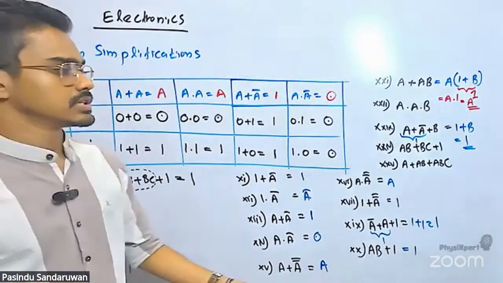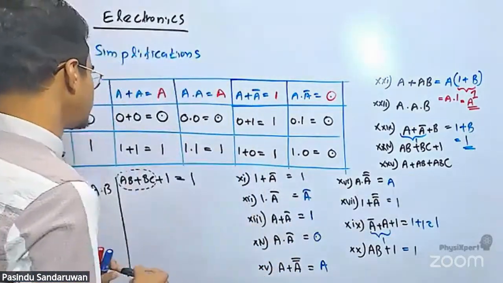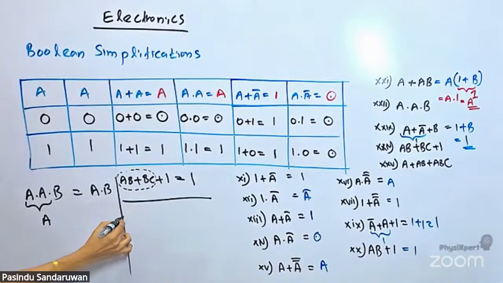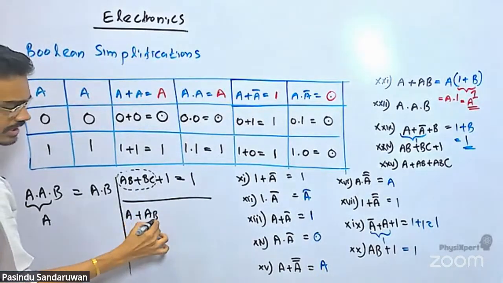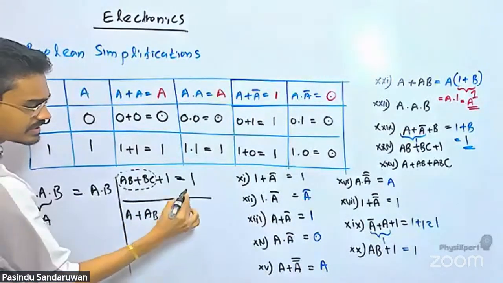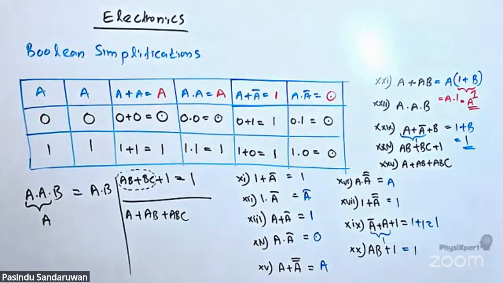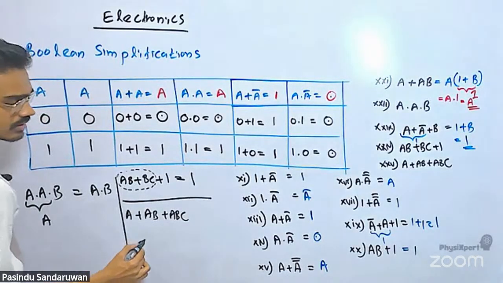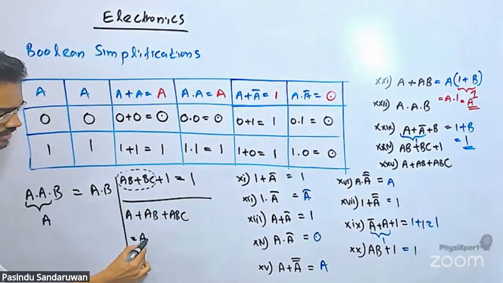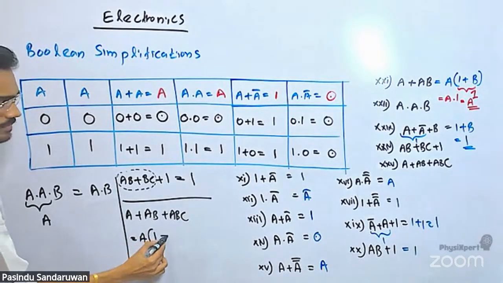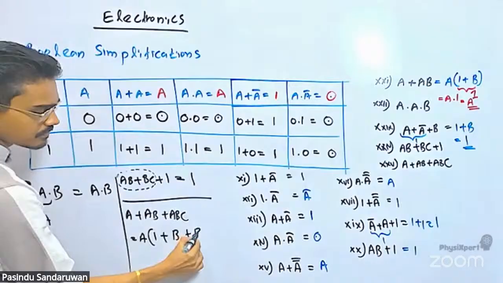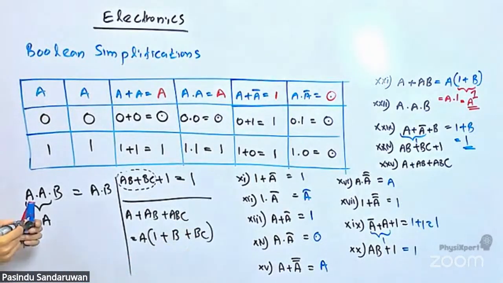Then this one, A plus AB plus ABC. Now for this, A is common, no? If A is taken out, 1 plus B plus BC. So again, something similar.